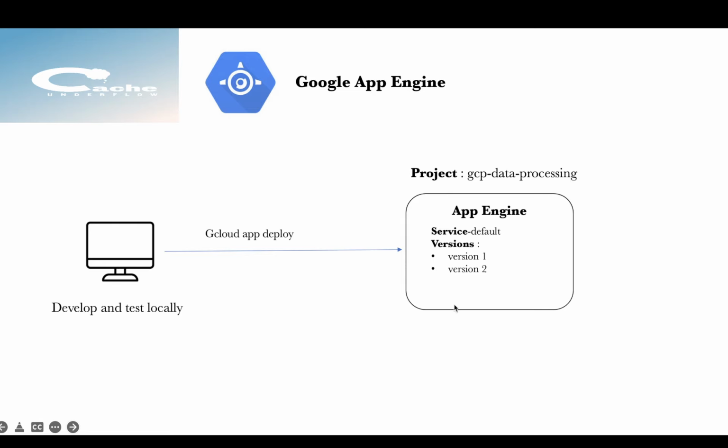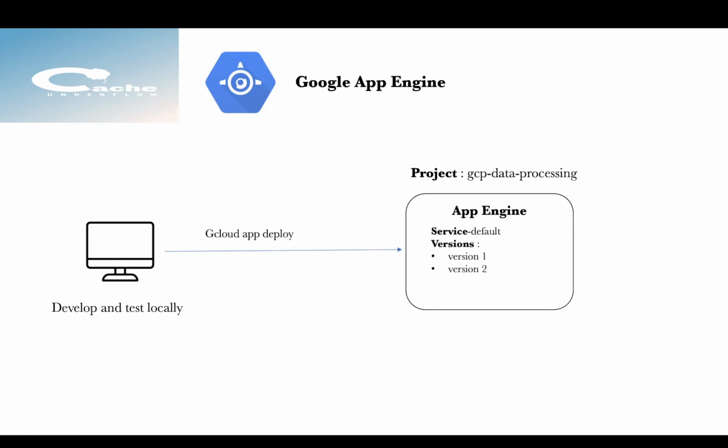Now what happens when you want to deploy another application or another service under the same project? If you follow the exact same procedures that we've seen in the last couple videos and you just do gcloud app deploy, what happens by default is that your new application deployment overrides the existing deployment.